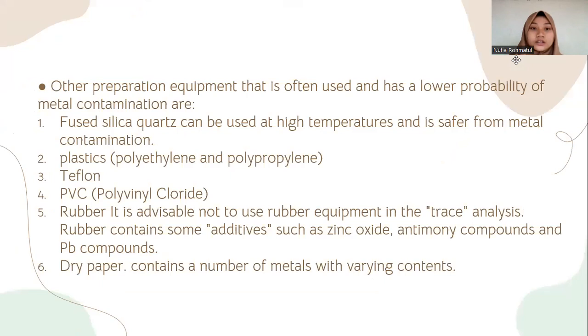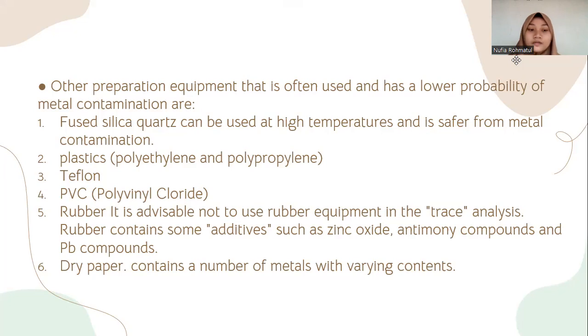The other preparation equipment that is often used has a lower probability of metal contamination error. Number one, fused silica quartz can be used at high temperature and is safer from metal contamination. Number two, plastic, polyethylene, and polypropylene. Number three, Teflon.